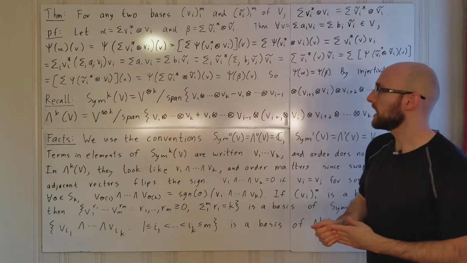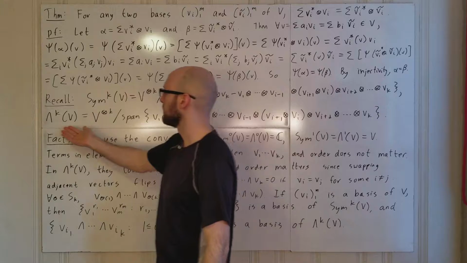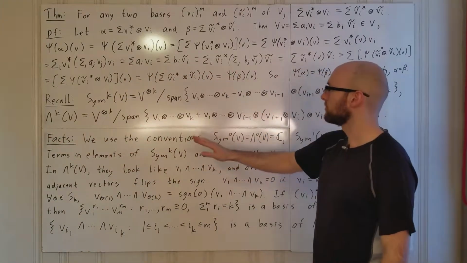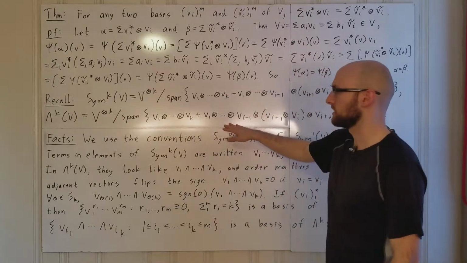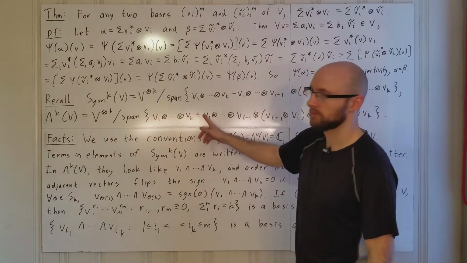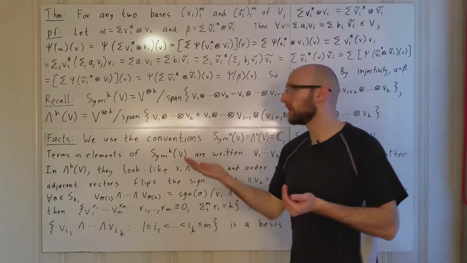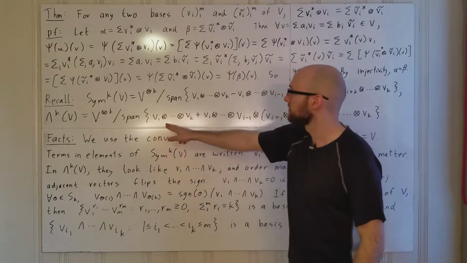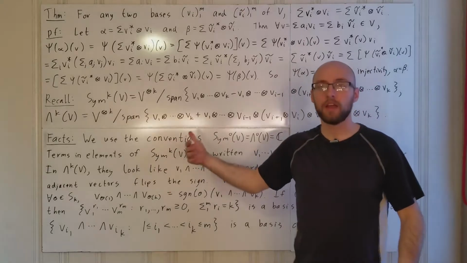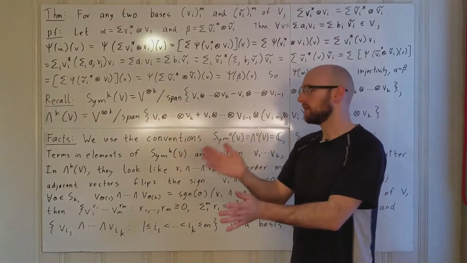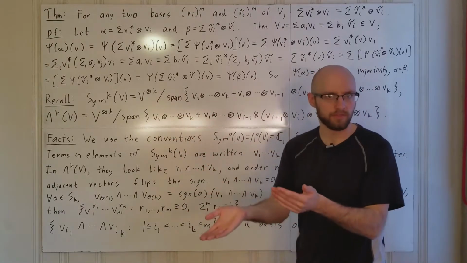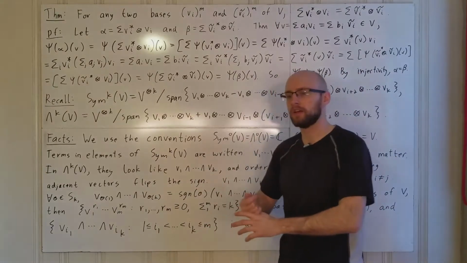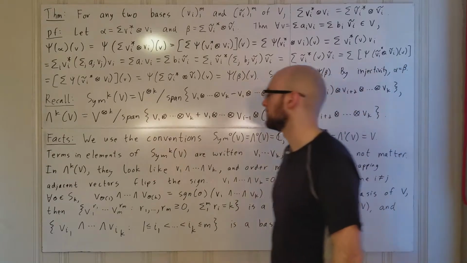Whereas for the alternating or exterior product, you quotient by the span of this plus this, the same thing, but instead of a minus, you have a plus. And so what happens in this space is that if you have an element alpha, which is v1 tensor all the way through vk, and then you flop two of its indices, say i and i plus 1, and you call this new element beta, then how are alpha and beta related?